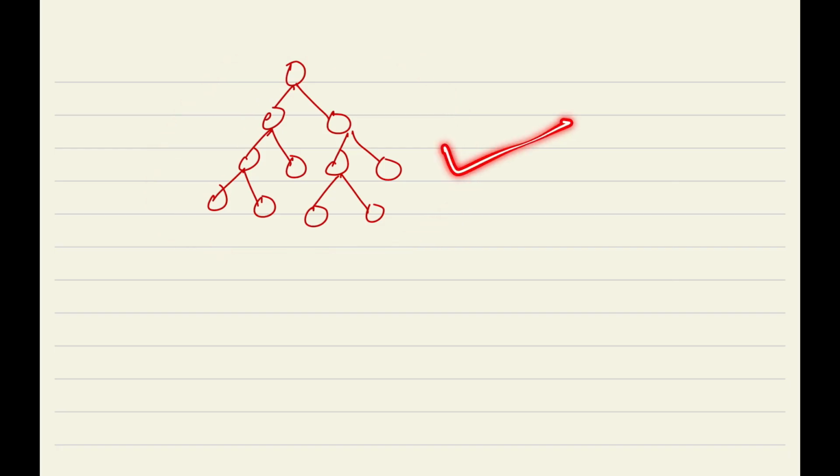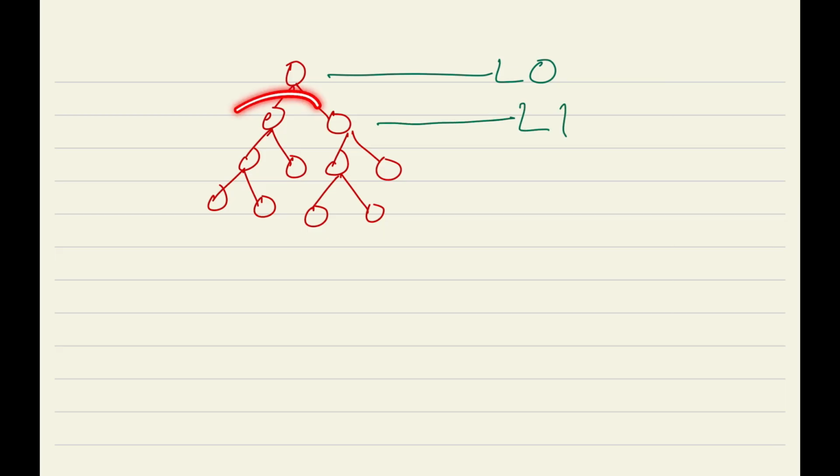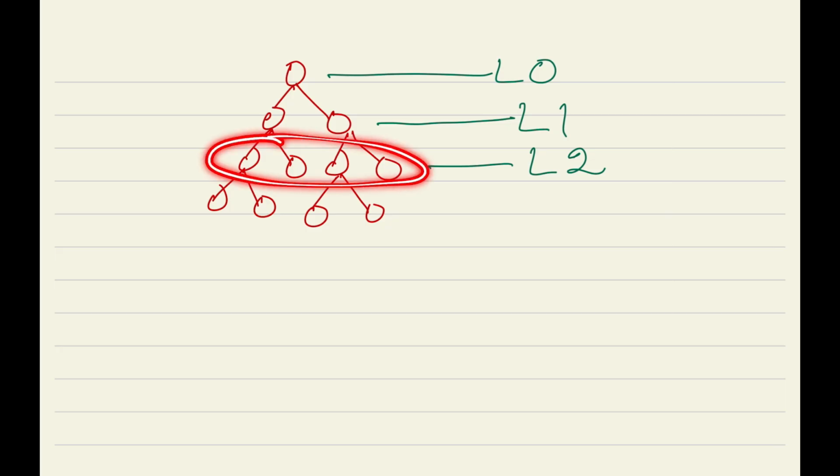But for level 0, it has only one node, so that is filled completely. Then L1, level 1, has 2 nodes, so it is also filled. Then level 2 is also completely filled.